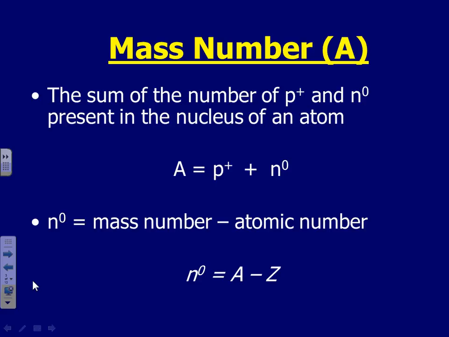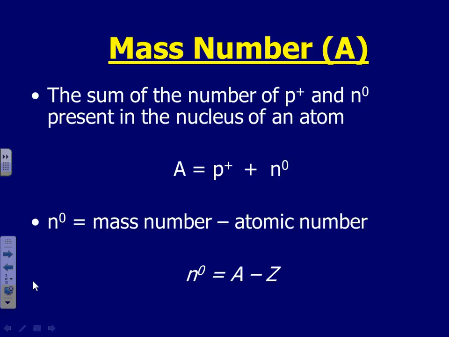It's the sum of the number of protons and neutrons present in the nucleus of the atom. Remember last day we finished off, we did that table comparing the charges and the masses of the subatomic particles. The protons and the neutrons had a mass of 1 each, and the electrons were very small, 1/2000th.